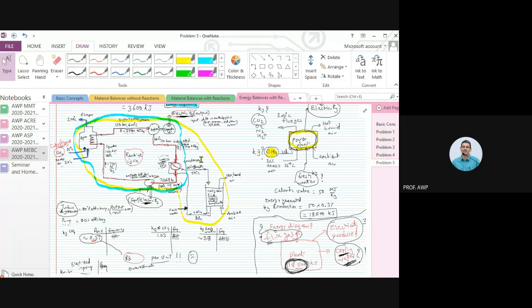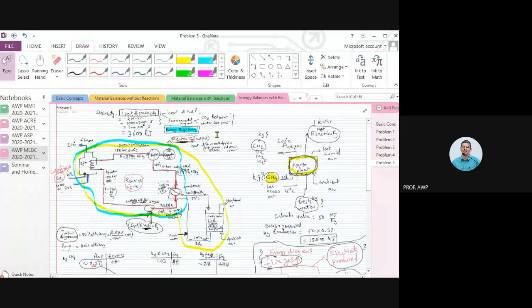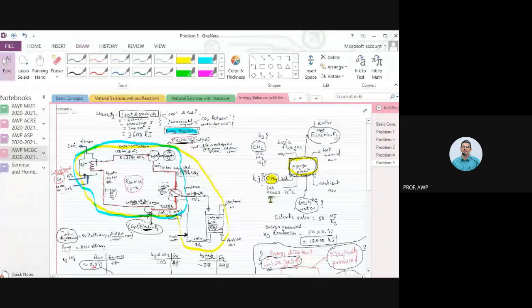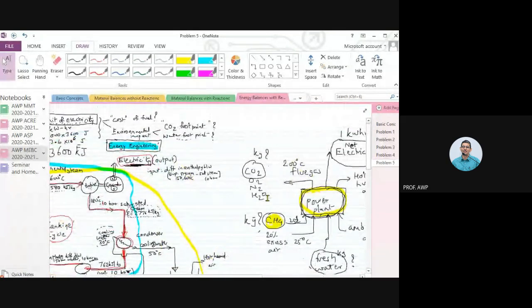So the only thing that happens is, yes, the car engine would become so big, because think about how much power you are generating in your cars, whereas these power plants have to produce 500 megawatts of electricity or 1000 megawatts of electricity.